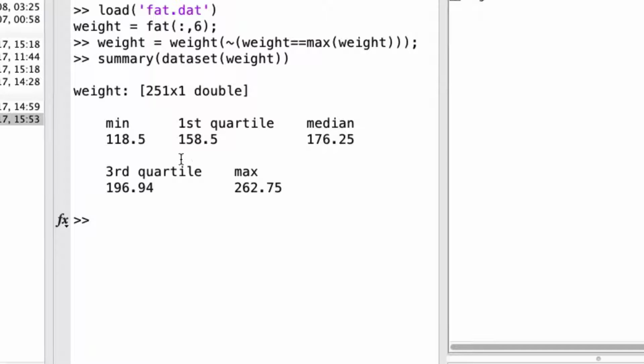These are the entries used in the box plots, and the median, another entry used in the box plot. So we can see that the median observation is 176.25, so half of the observations are above this number and half below.